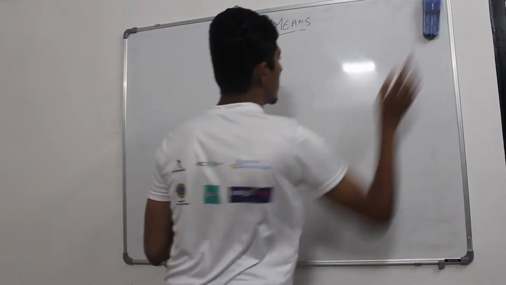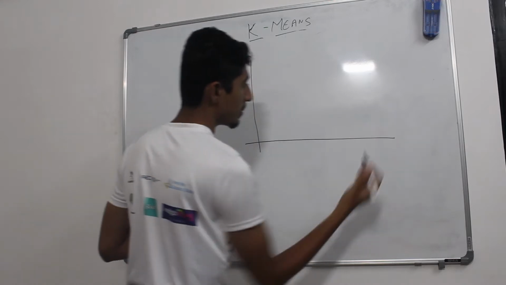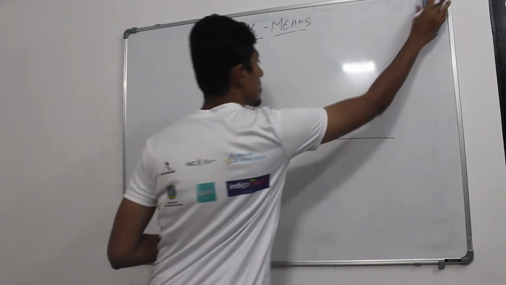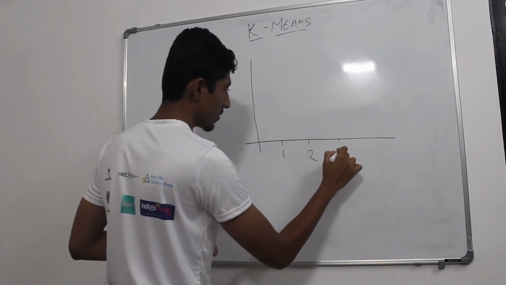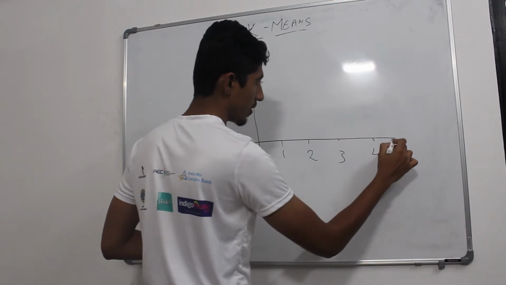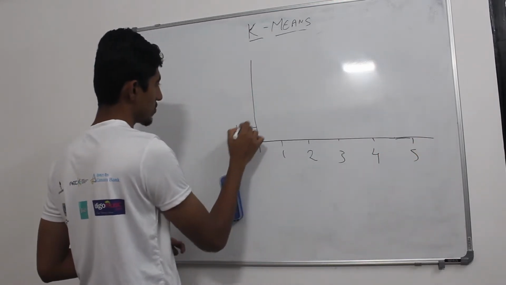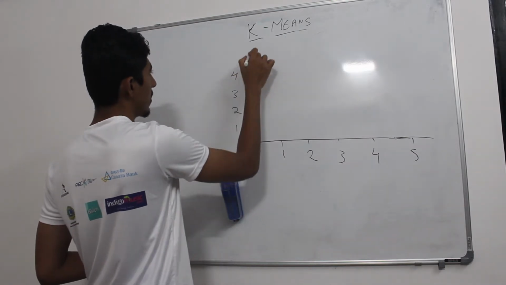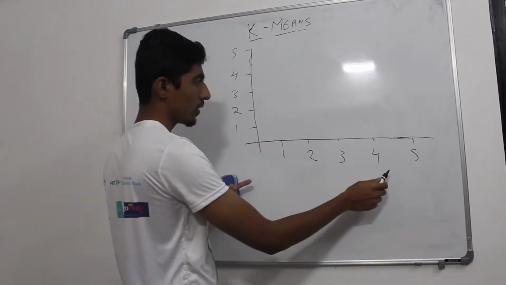Let me plot a simple graph with just maybe 5 or 6 data points. Let's say the x-axis is 1, 2, 3, 4 and 5, and the y-axis is 1, 2, 3, 4 and 5.